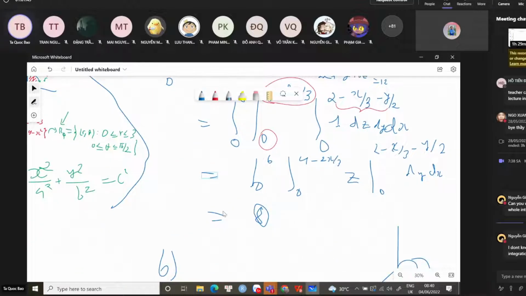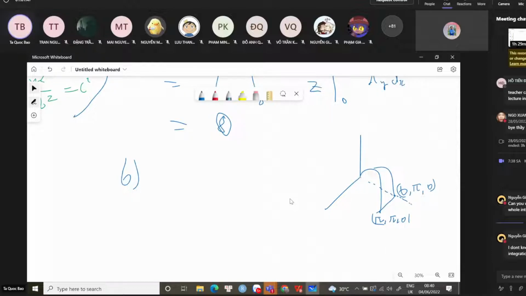Now for question 2B. Look at here, and you can see it's similar.